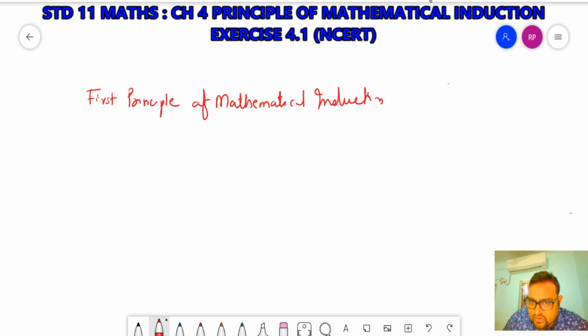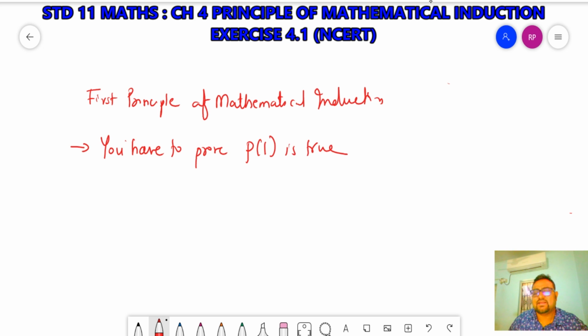What will be your first step? Your first step will be you have to prove P of 1 is true. Means an equation will be given and you have to use P of 1, take LHS and RHS. You have to prove that LHS is equal to RHS. Clear? Your second step will be assume P of K is true.